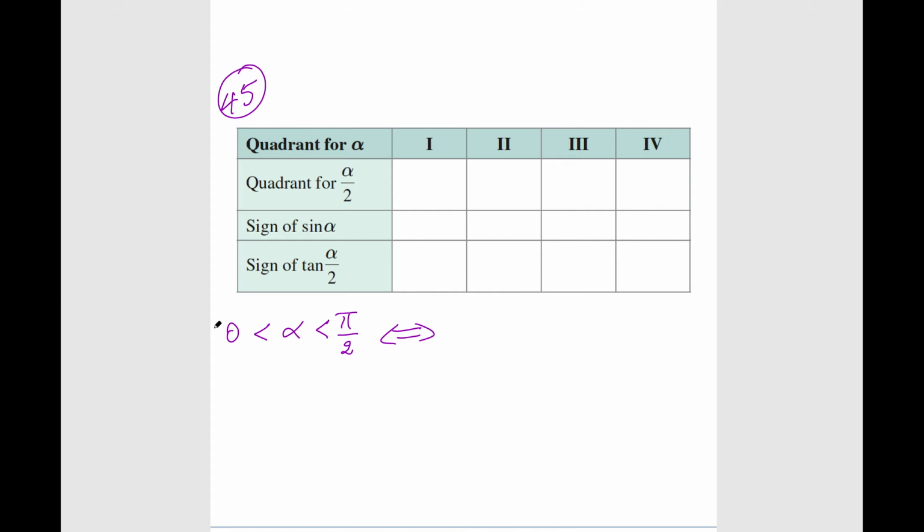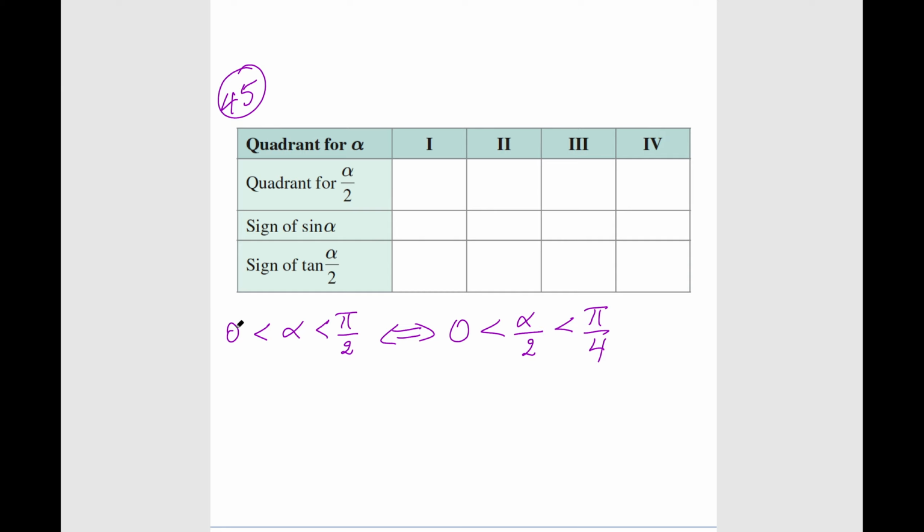So you get 0 divided by 2, which is 0, and alpha over 2, and pi over 2 divided by 2 is going to be pi over 4, right? Agree with that?